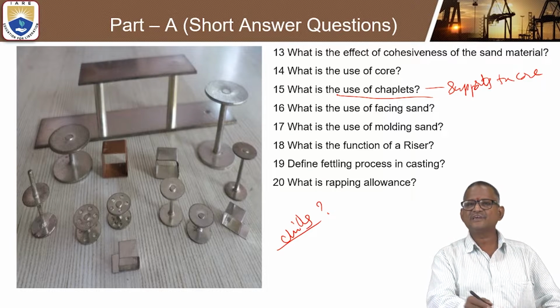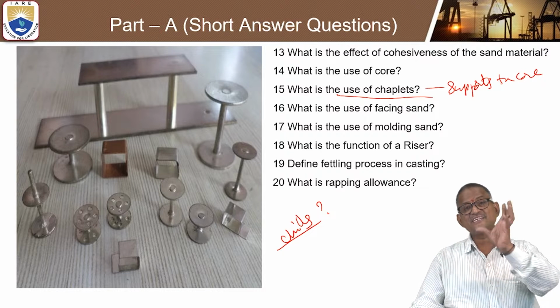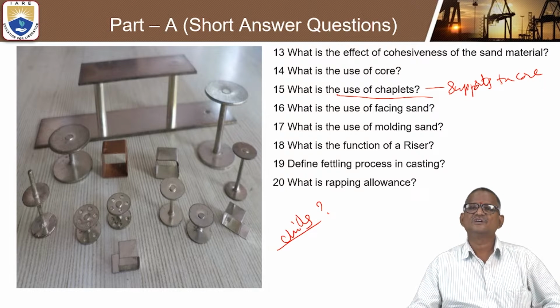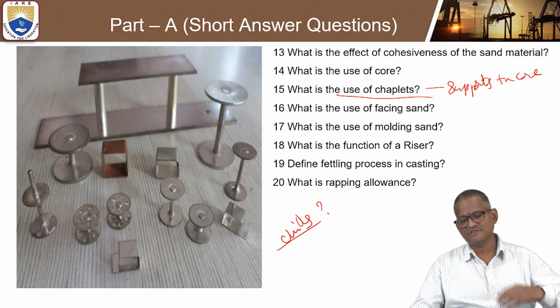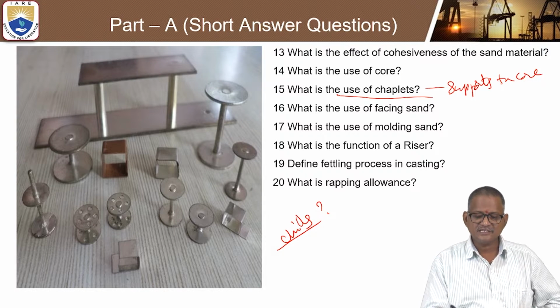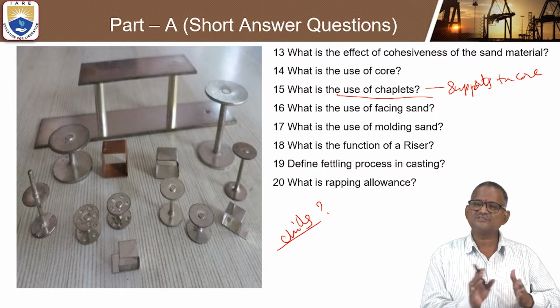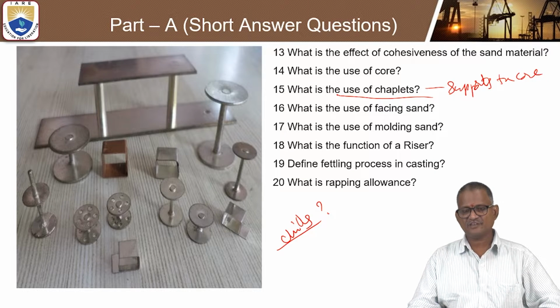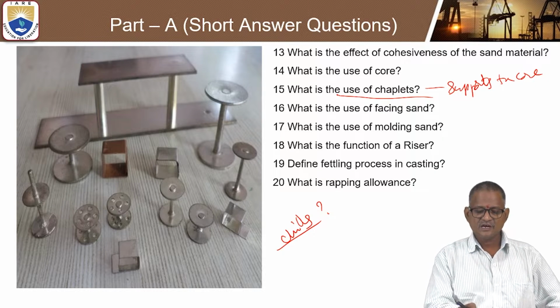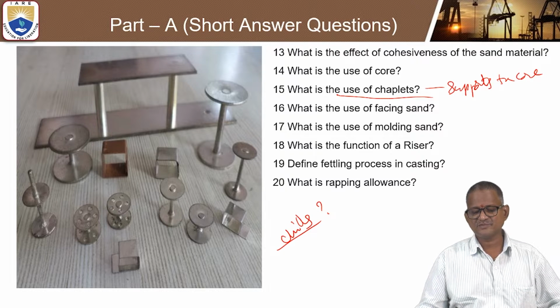You can see some three-dimensional figures of the chaplets. These chaplets can be used to support the cores without disturbing the mold cavity. You can see how the shape of the chaplets is used.